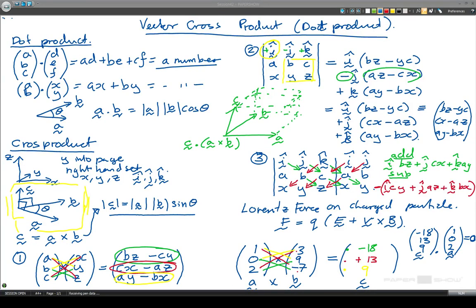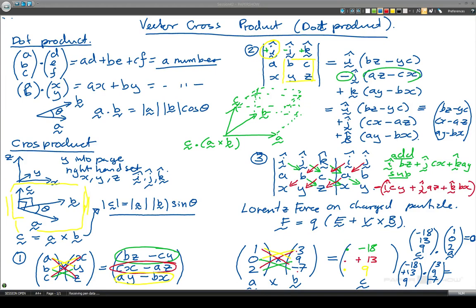So we can also check minus 18, 13 and 9 and do the dot product of that with B, which is 3, 9, minus 7. It's going to be a little bit more to work out. 3 times minus 18 is minus 54.